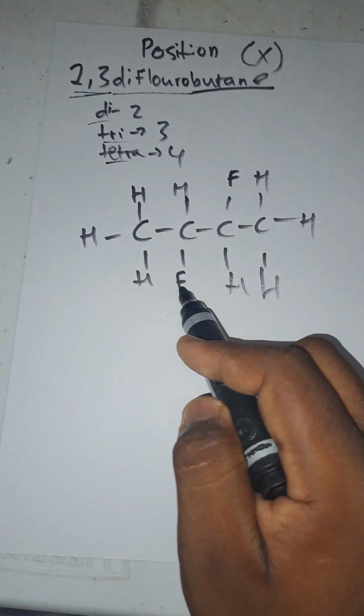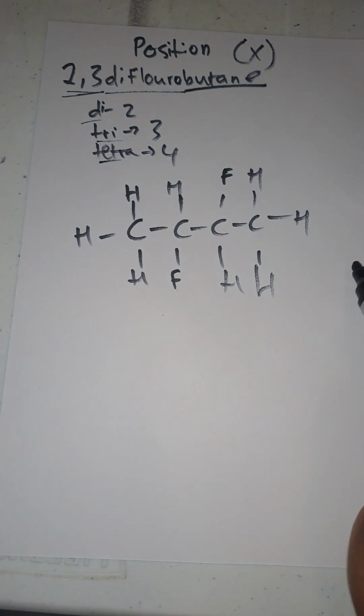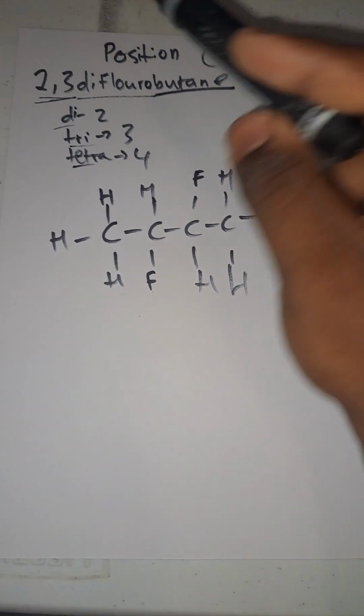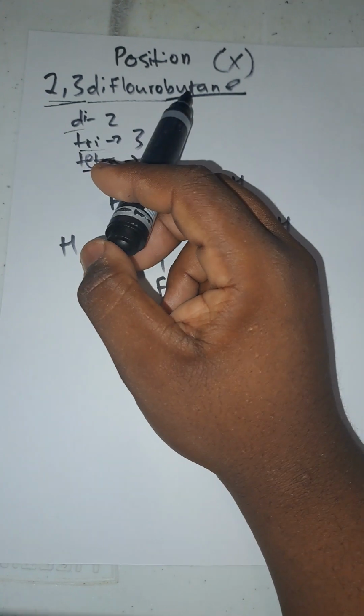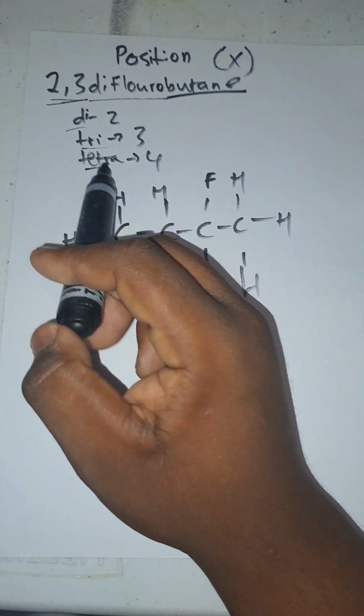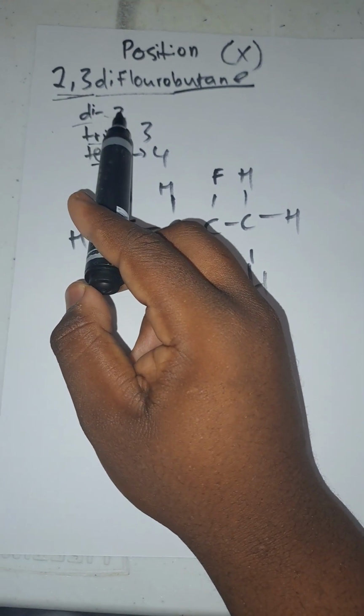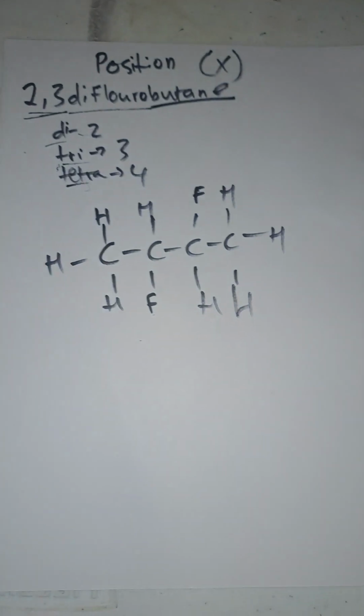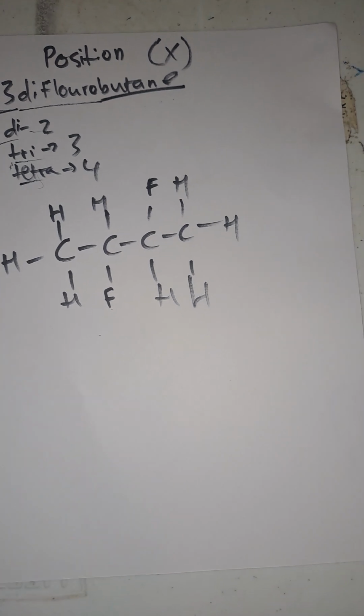2,3-difluorobutane. So now this is what I was talking about: the position. I have an example saying 2,3-difluorobutane. These are the words. Di means that it is appearing 2 times, tri 3 times, and tetra 4 times. So now there's something that I want to show you.